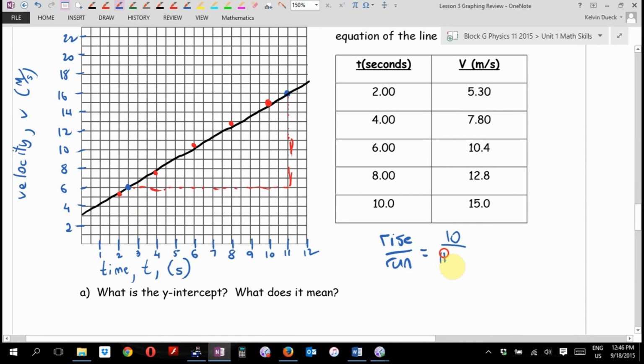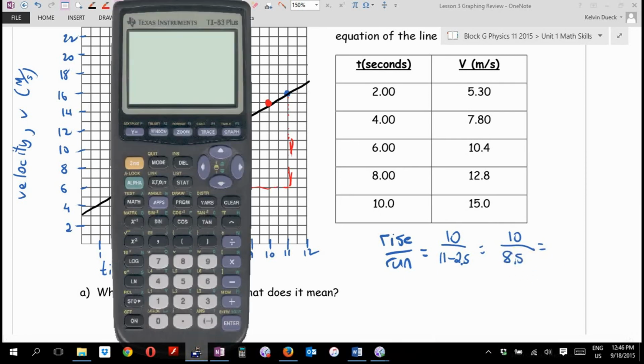It's going to be 11 take away 2.5. My slope is 10 over 8.5, and we usually decimalize these. My slope is 1.17.